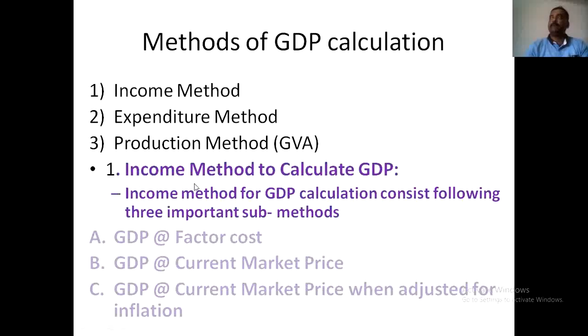Similarly, by using the same method, we can calculate GDP at current market price. Now, finally, by using the same method, we can calculate GDP at current market price when adjusted for inflation. We'll see each and every content in detail in the next coming slides.